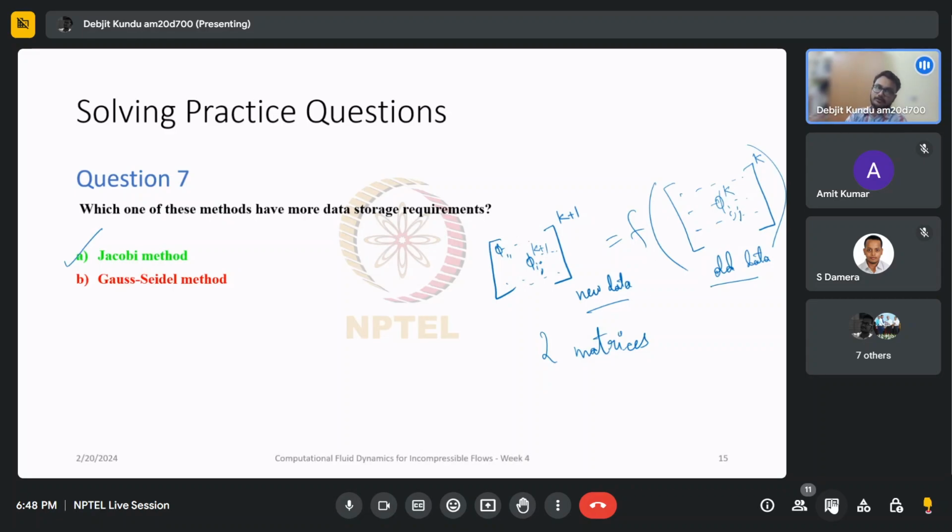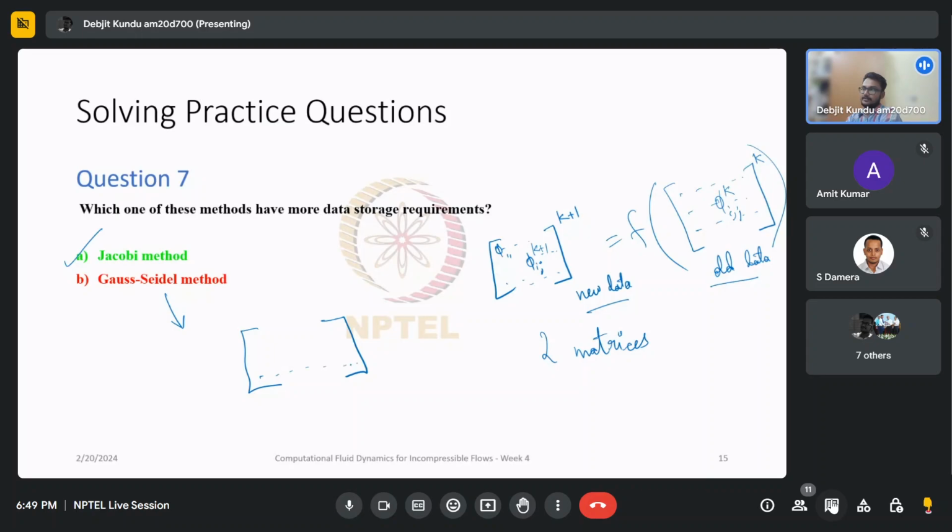So in industrial CFD simulations, there are millions of data points involved. So these matrices would consist of millions of points, and if you're using the Jacobi method, we need to store twice of that.